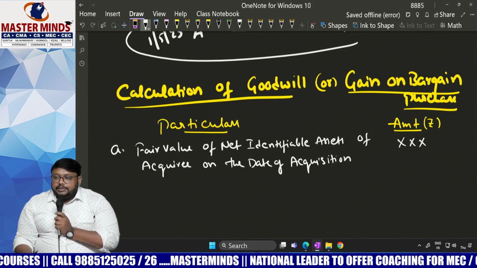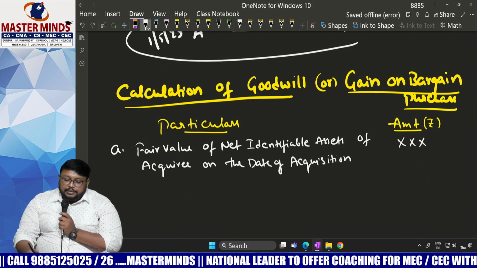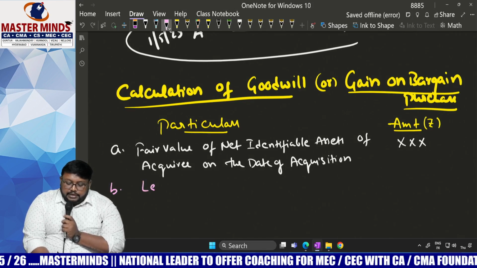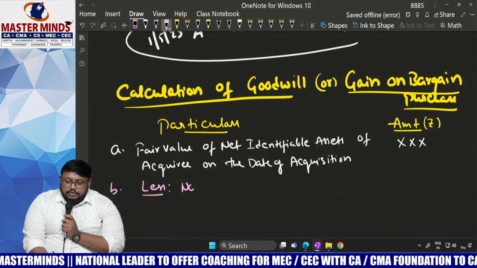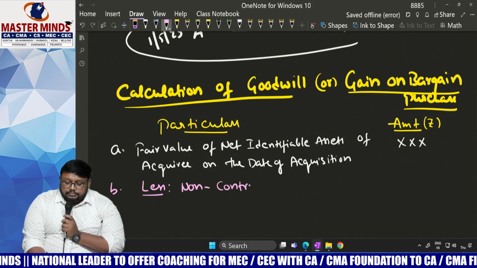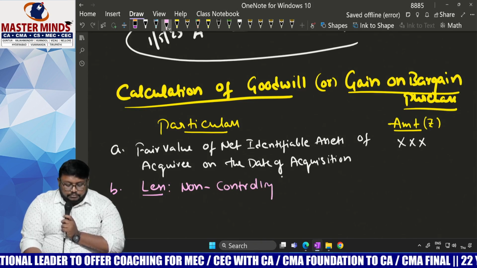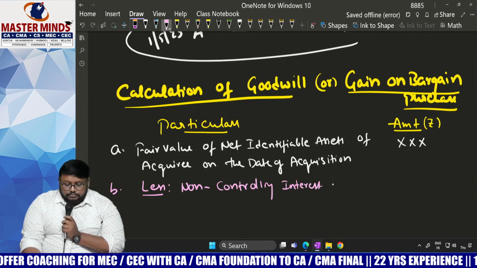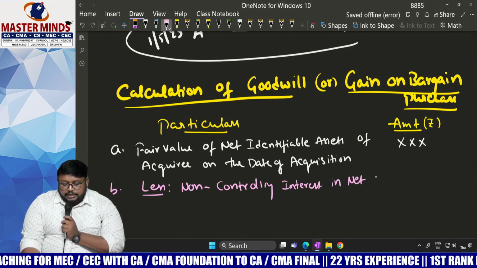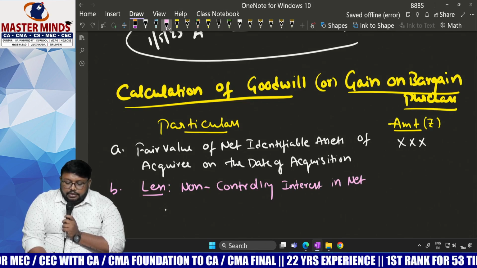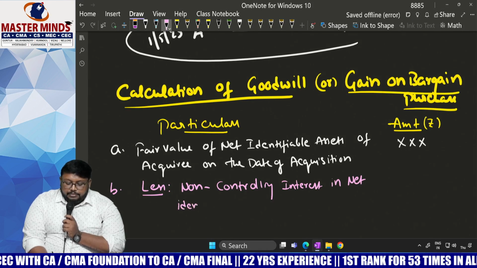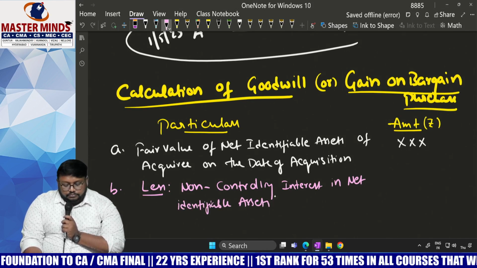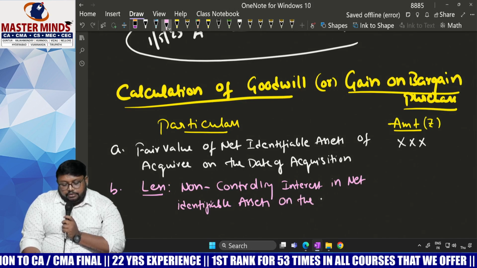Net identifiable assets means identifiable assets minus identifiable liabilities, less non-controlling interest in net identifiable assets on the date of acquisition.